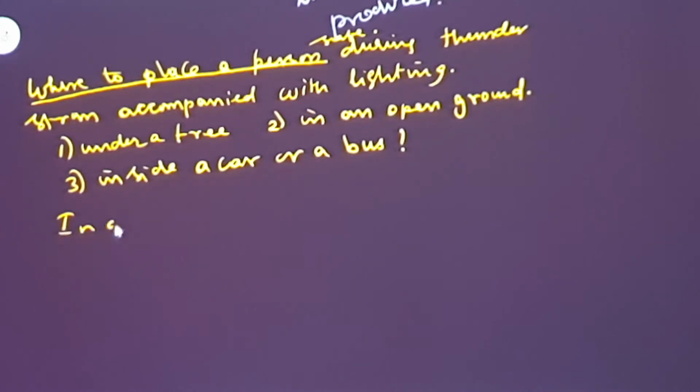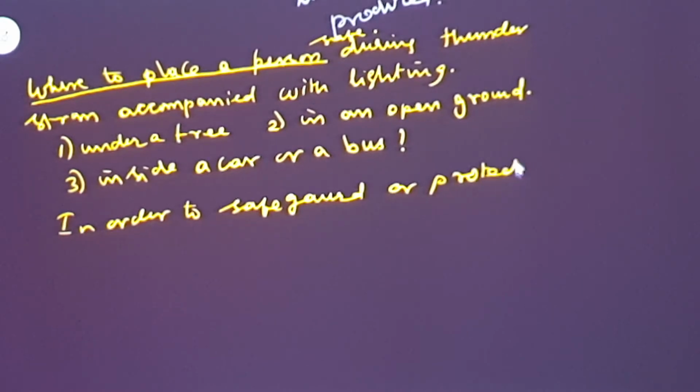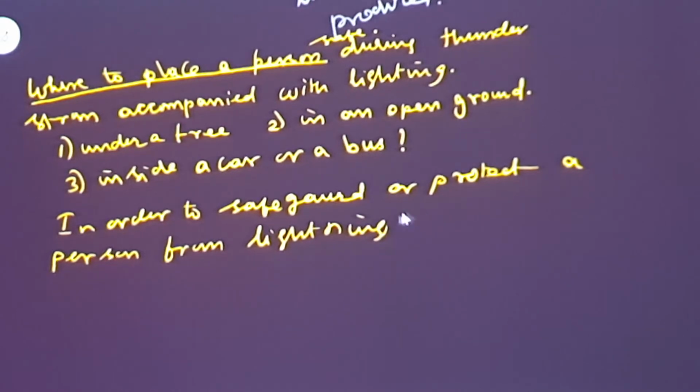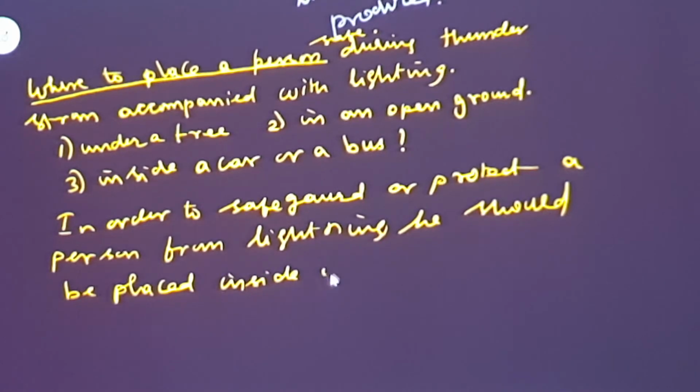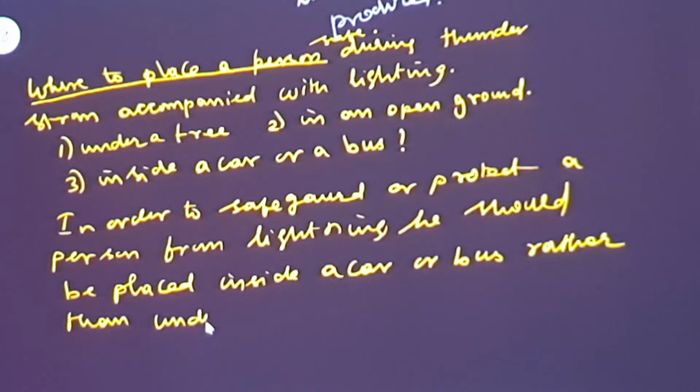In order to safeguard or protect a person from lightning, he should be placed inside a car or a bus rather than under a tree or in an open ground. Why?